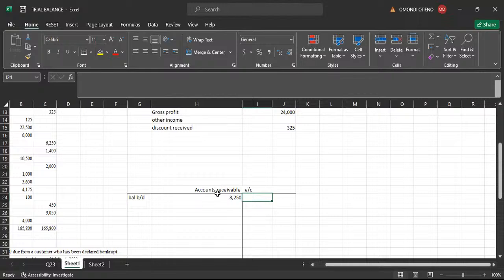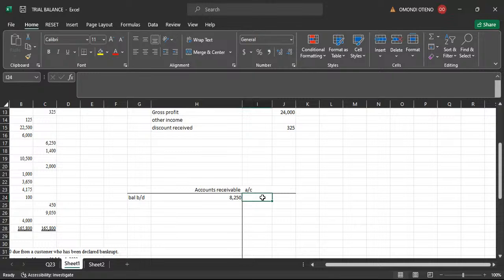So we are going to reduce it by 250,000, I mean 250. This 250, they are not going to pay us. We are writing it off. When we write it off, we take it to bad debts written off account as an expense. In that particular expense account, it will be transferred to the profit or loss account as an expense.